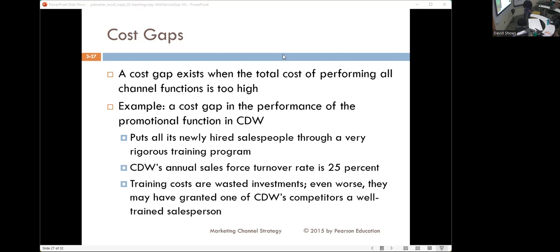They went to Best Buy, and then Circuit City collapsed. Best Buy did the same thing, realized they were starting to lose salespeople, and guess what? They've reverted to some kind of rebating system where the salespeople get compensation. So there are better ways of controlling cost gaps besides spending less on people, okay?